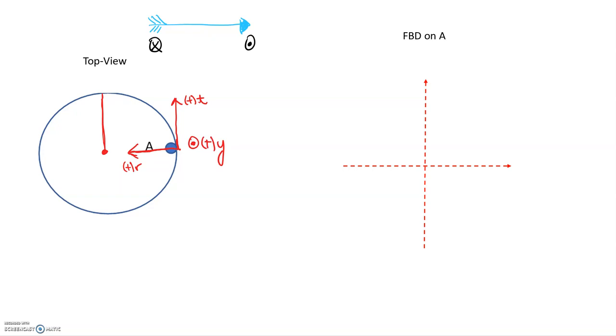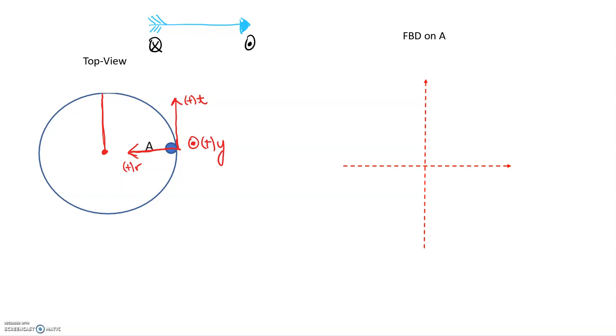So now that we've defined our coordinate system, we can now draw our free body diagram for point A. So what forces are acting on the girl at point A? We've got a weight force in the negative Y direction. We've got a normal force acting from the merry-go-round on the girl in the positive Y direction.